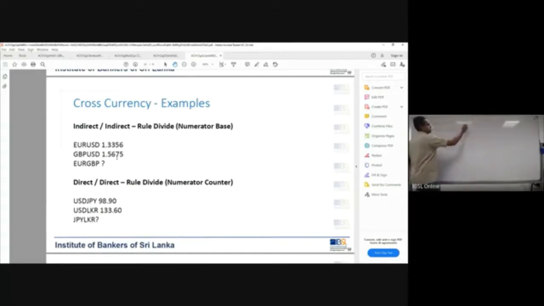It's something like this: 2/5 is equal to 2/3 into 3/5. Going by the same concept, let us insert dollar in between, euro dollar into dollar sterling.